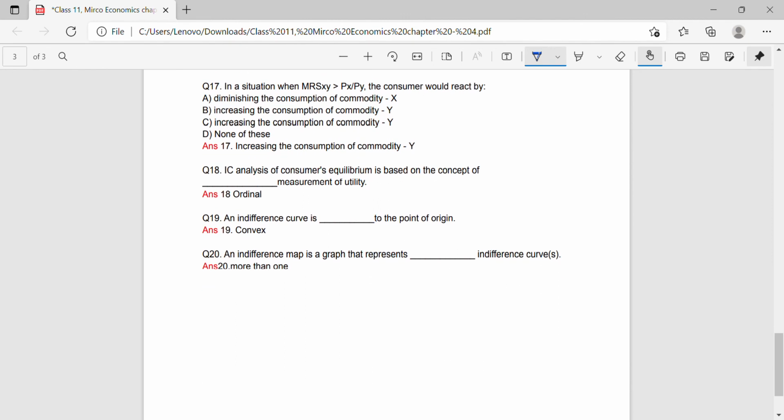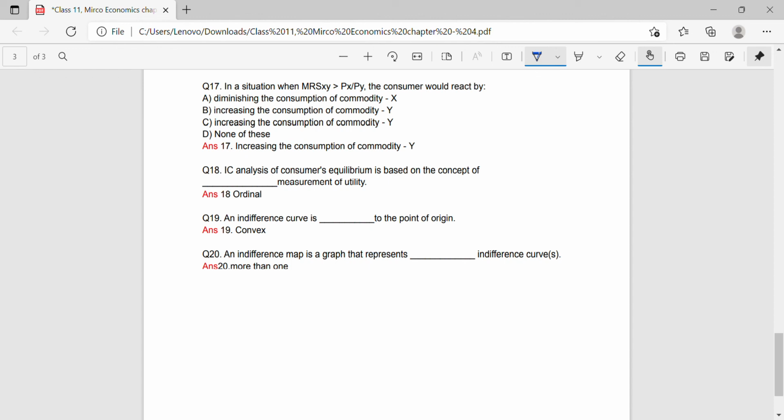In a situation when MRS of XY is greater than P of X by P of Y, the consumer would react by: option A, diminishing the consumption of commodity X. Option B, increasing the consumption of commodity Y. Option C, increasing the consumption of commodity Y. Option D, none of these. And correct option is option B, increasing the consumption of commodity Y.